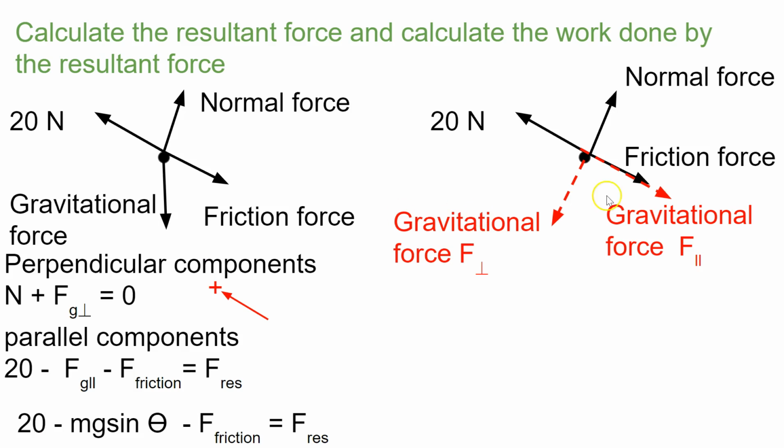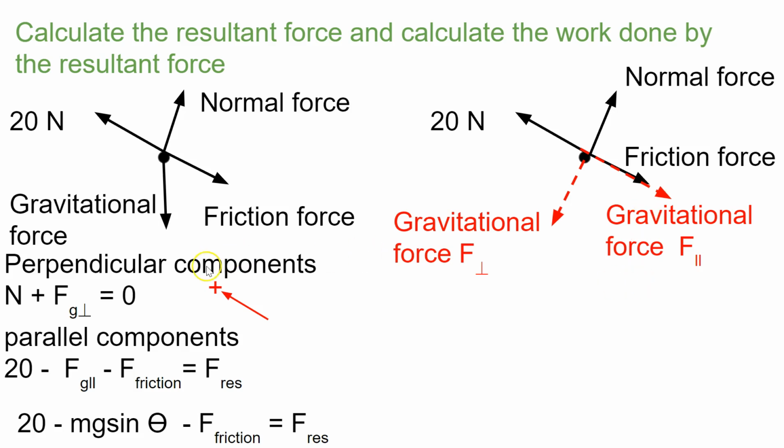Remember, the component that is parallel to the incline, I can calculate using mg sine theta. If you don't know why this force is mg sine theta, it might be a good idea to revisit your grade 11 work on breaking up into components. If you really don't know where to find that, contact your teacher or contact me and I will try to sort you out on that one.